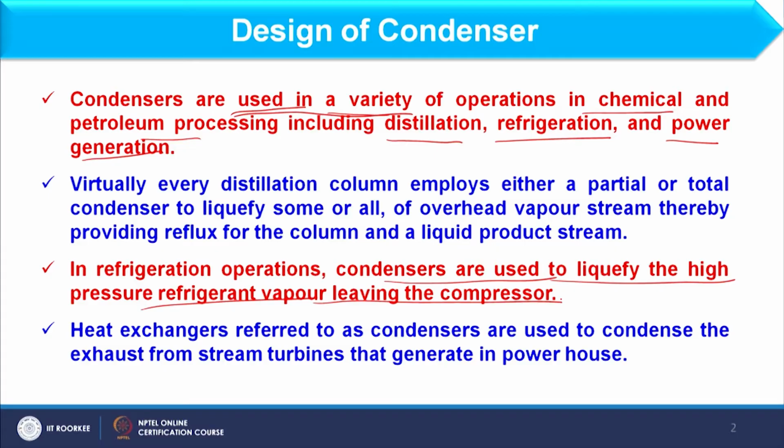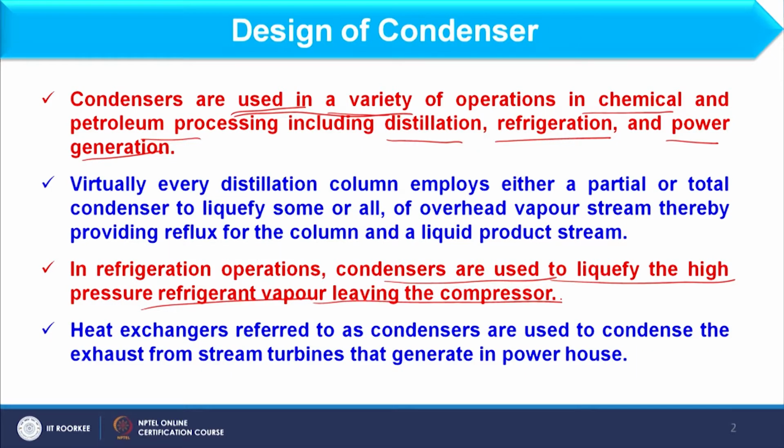So, here we use the condenser extensively. Okay. And after that we can use the condenser in power generation. Okay. Now, what will happen in power generation? Or let me ask you what will happen in the Rankine cycle, because a thermal power plant works on the Rankine cycle principle, right.